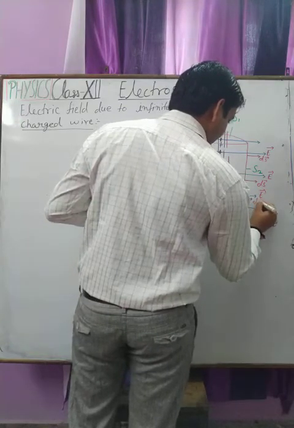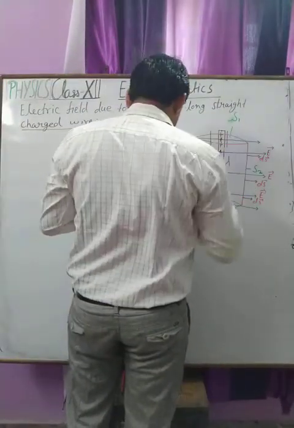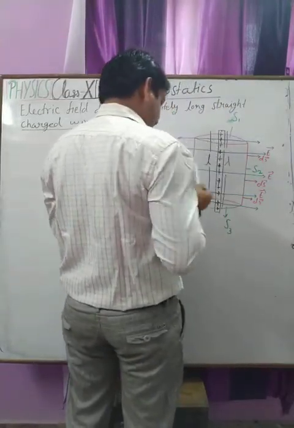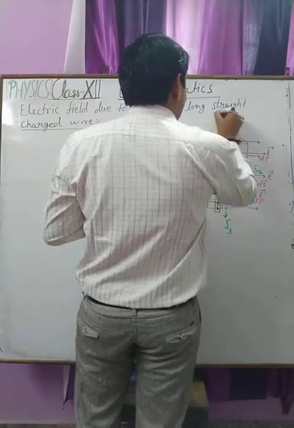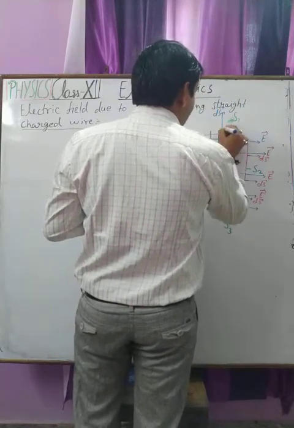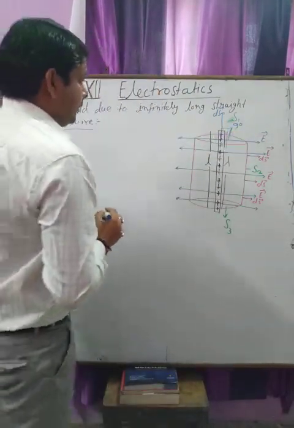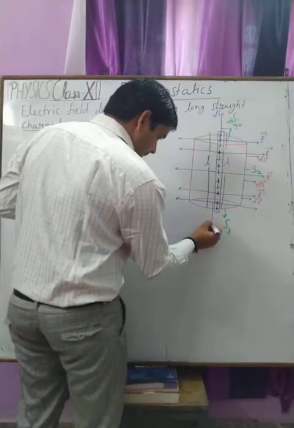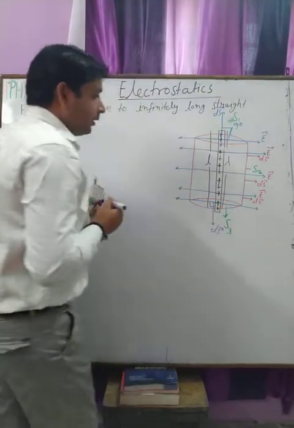Okay, and the area vector for the flat surface is vector ds and this is vector E, and the angle for the flat surface is 90. You all observing here. Okay, and for the bottom surface this is a small area vector and the angle is also 90.